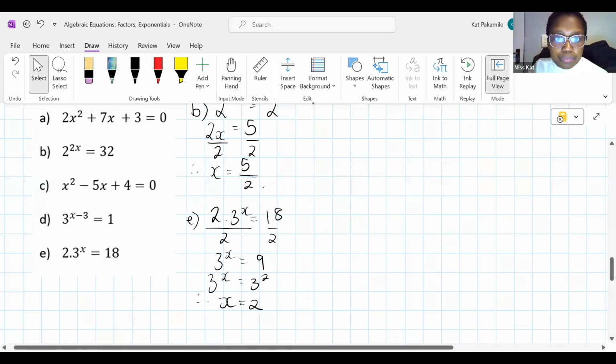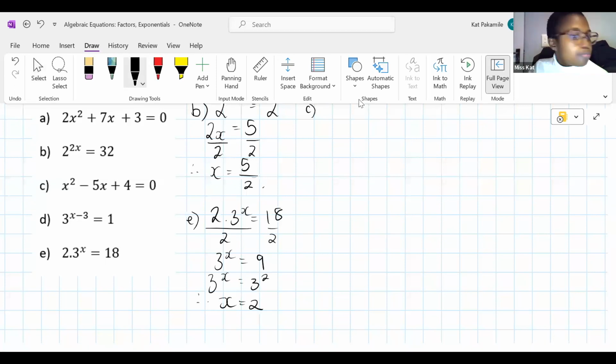So, ma'am, we first factorize. In our first brackets, we say x minus 4, and in our next brackets, we say x minus 1, equals 0. Beautiful.